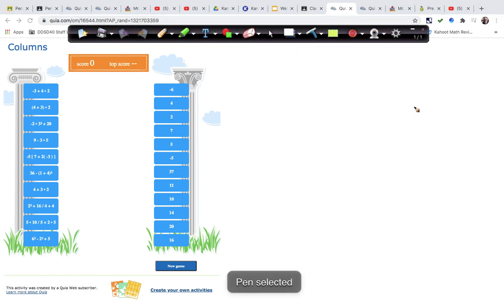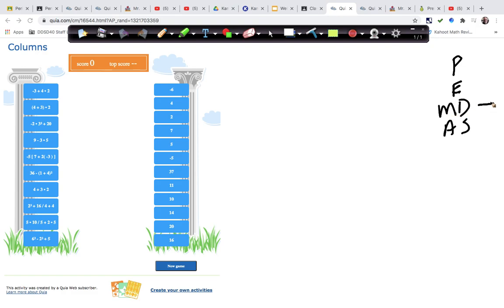Just before we start, over to the side, I'm going to put what we learned in our notes, and that is parentheses, exponents, multiplication, division, and addition, subtraction, which some people will read PEMDAS, but it's important that we remember that multiplication and division is left to right, addition and subtraction is left to right. So let's see if we can match up some of the simpler ones without even writing them out.